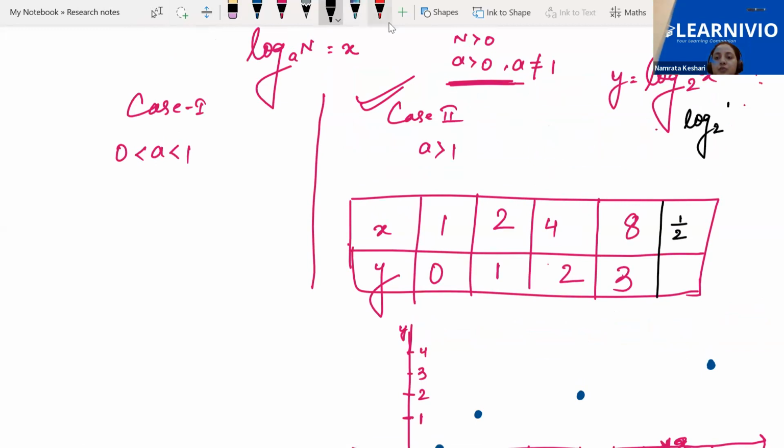X is 1 by 2. Can we write this 1 by 2 as a power of 2 to the power of anything? Minus 1. That minus 1 we can pull in front. So log 2 base 2 we will be able to create. Minus 1 will be the result, right? Yes. Let me write it here.